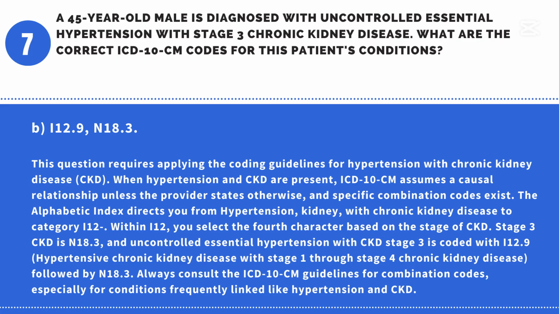Within I12, you select the fourth character based on the stage of CKD. Stage 3 CKD is N18.3, and uncontrolled essential hypertension with CKD stage 3 is coded with I12.9, hypertensive chronic kidney disease with stage 1 through stage 4 chronic kidney disease, followed by N18.3. Always consult the ICD-10-CM guidelines for combination codes, especially for conditions frequently linked like hypertension and CKD.